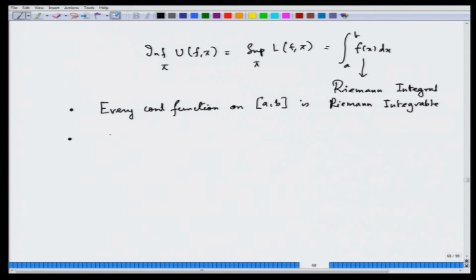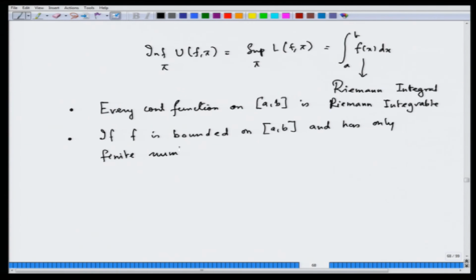So, if f is bounded on [a, b] and has only a finite number of discontinuities, then f is Riemann integrable.